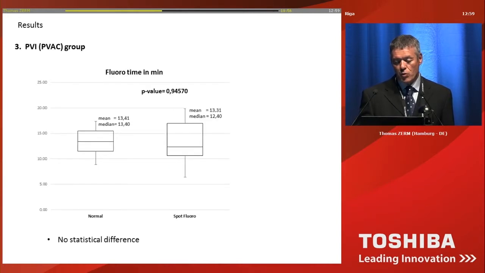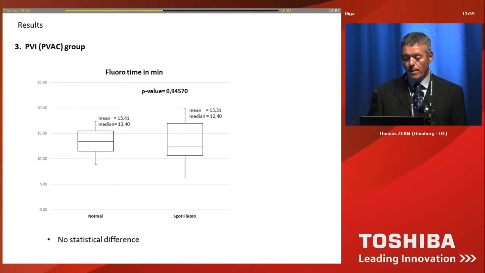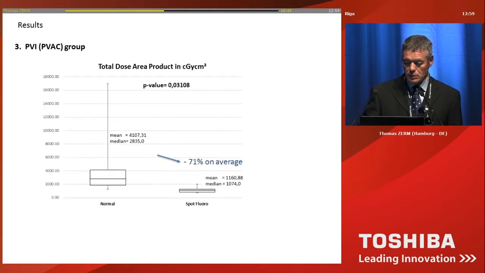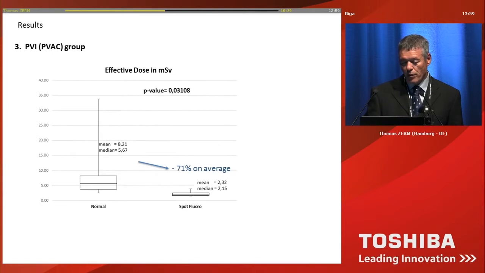In the PVI group, the biggest group in our patient registry, we have again no difference in fluoro time, but we had a substantial decrease in the total dose area product and in the effective dose.